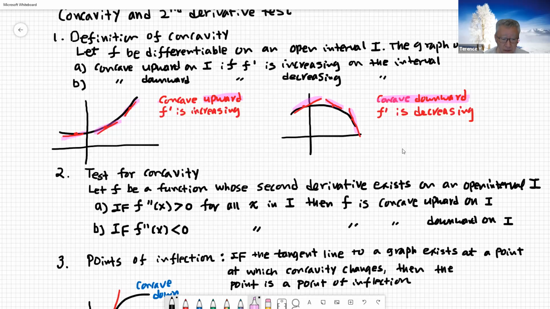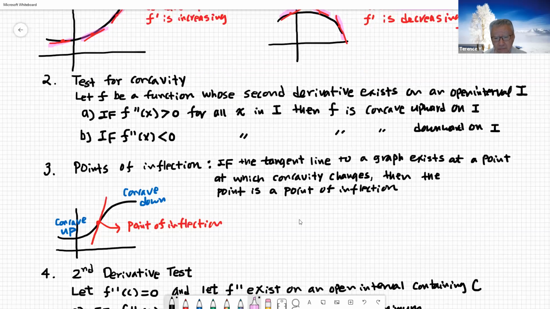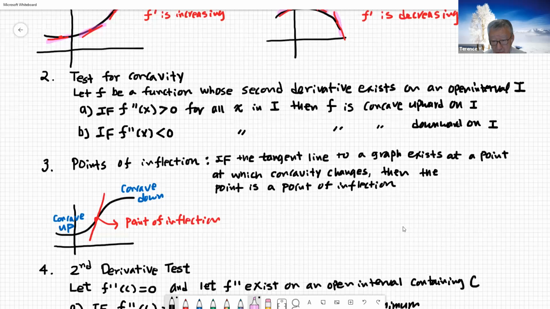A test for concavity is simply this: let f be a function whose second derivative exists on an open interval, call it I. If f double prime of x, the second derivative, is greater than 0, then it's concave up. If f double prime of x is less than 0, then it's concave down. That's the test for concavity.